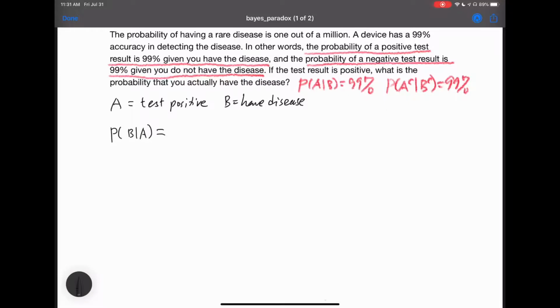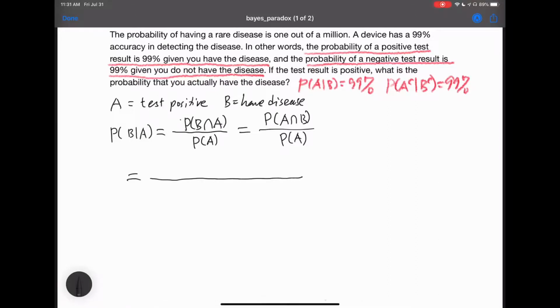So this is equal to probability of B intersects A divided by P of A. And this is equal to P of A intersects B divided by P of A. Note that we just reverse the order of B and A. So this is equal to, look at the numerator.